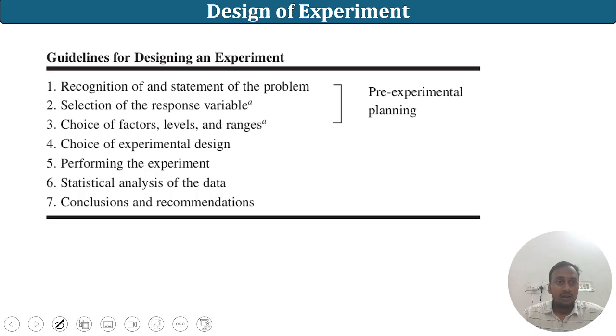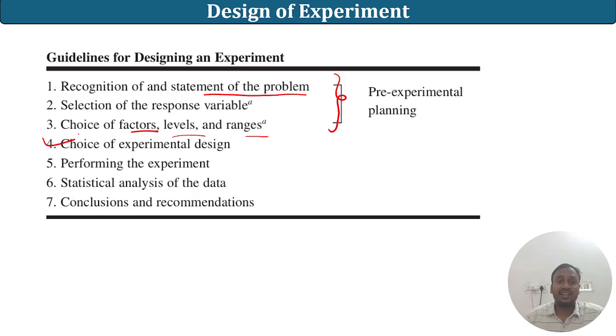Okay. Then, what are the guidelines of the experiment? Recognition and statement of the problem. Pre-experimental planning, selection of the response variable, and choice of the factors, levels, and ranges. These are all things you have to do before the experiment. Then comes the choice of experimental design: either we go with blocking, or factorial, or replications or randomizations.